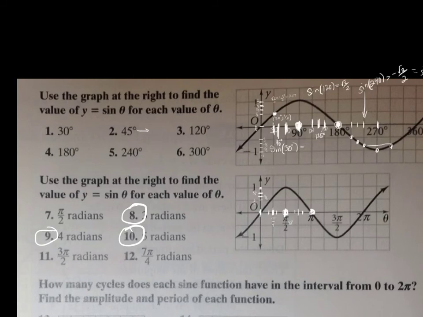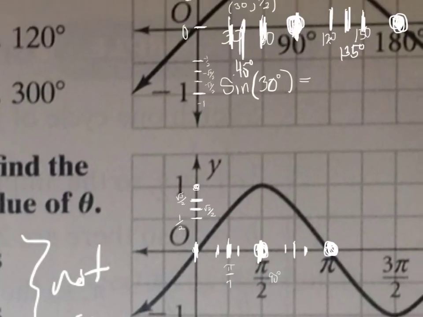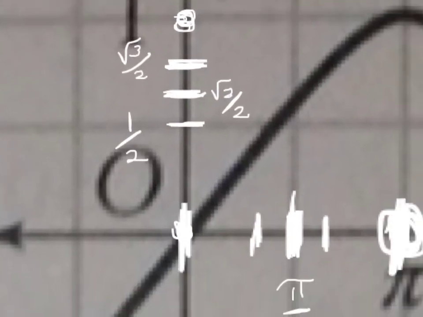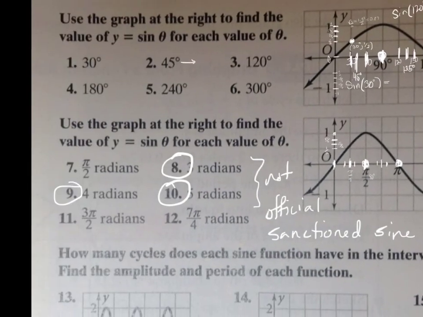But these are not officially sanctioned values. Remember, the official sanctioned sine values are 1/2, root 2 over 2, root 3 over 2, 1, and 0. So whatever you're going to get for 3 radians, 4 radians, 5 radians is not going to be the official sanctioned values. Okay? All right, so I'm going to save this one.